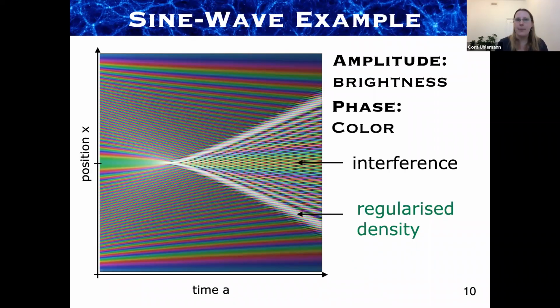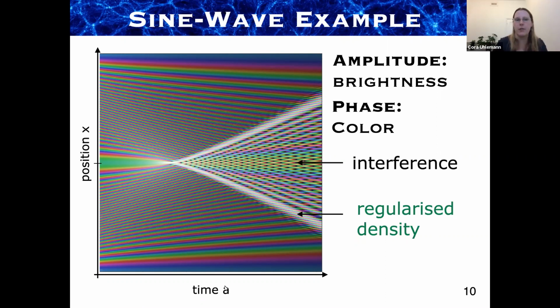Here I show an example of the free propagation in one dimension. So in one dimension, all we have is basically a scalar position x and the time a. And we start from simple initial conditions that correspond to a sine wave. So we have a wave function that essentially has a uniform amplitude, which is just 1, and the phase is specified such that particles essentially move to the center.